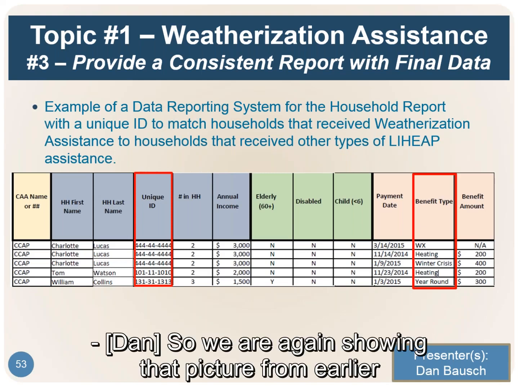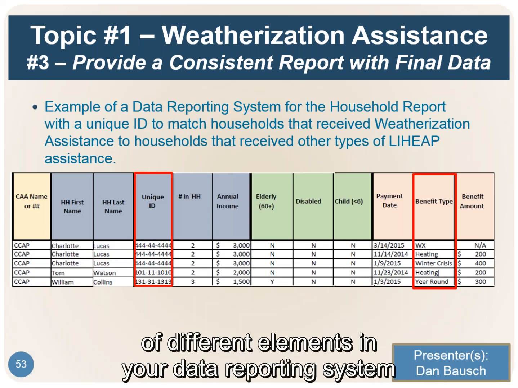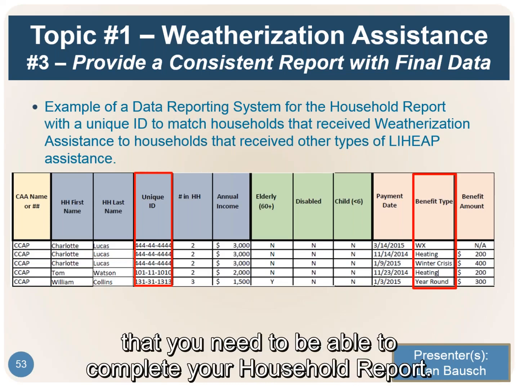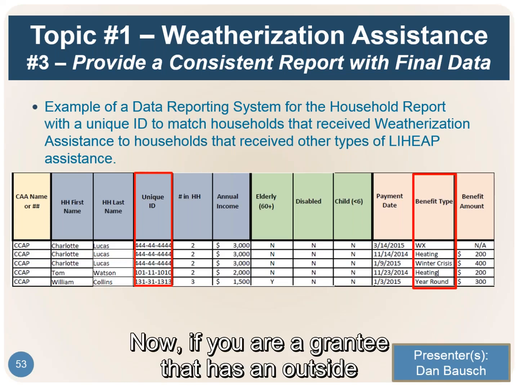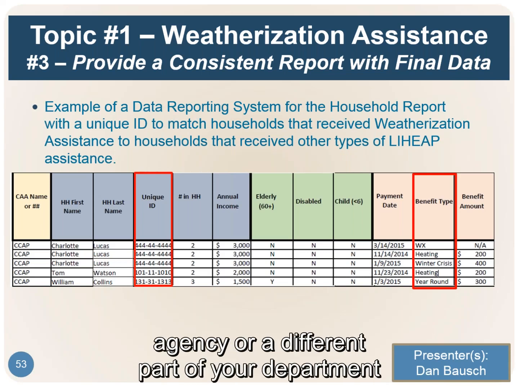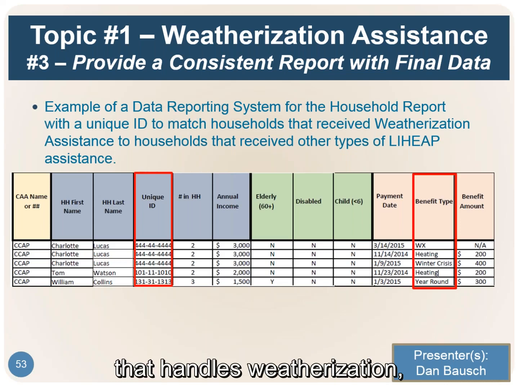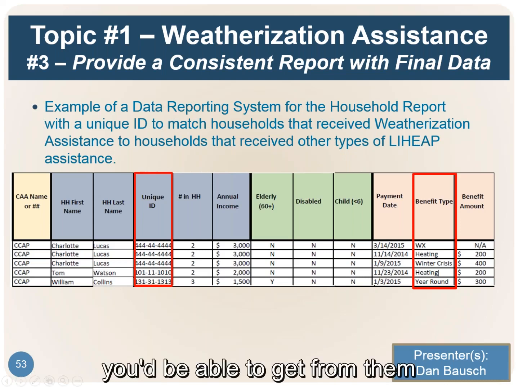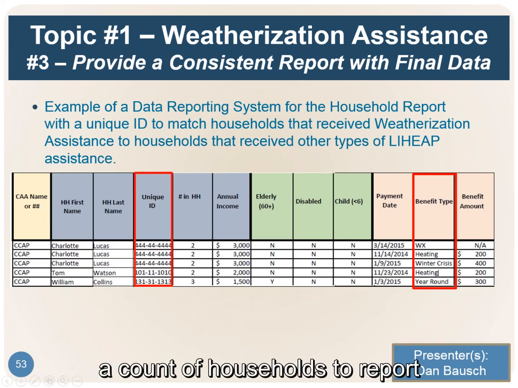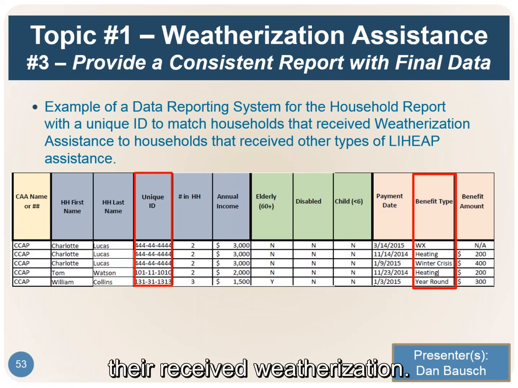So we're again showing that picture from earlier of different elements in your data reporting system that you need to be able to complete your household report. Now, if you are a grantee that has an outside agency or a different part of your department that handles weatherization, you'd be able to get from them a count of households to report that received weatherization.